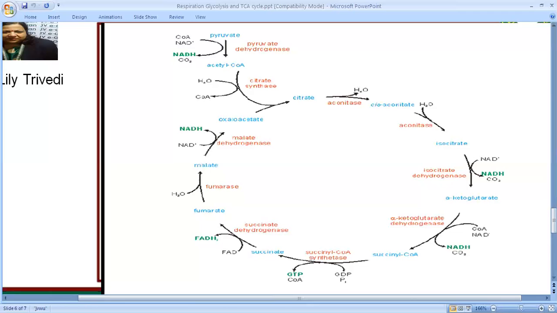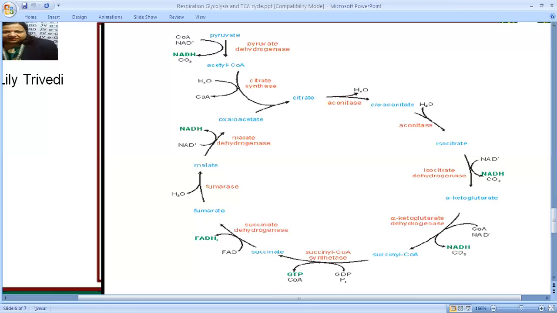The succinyl coenzyme A reacts with water to form succinic acid, and the coenzyme A becomes free, and one molecule of guanosine diphosphate is phosphorylated in the presence of inorganic phosphate to form one molecule of guanosine triphosphate. So this reacts with ADP to form one molecule of ATP and again guanosine diphosphate.